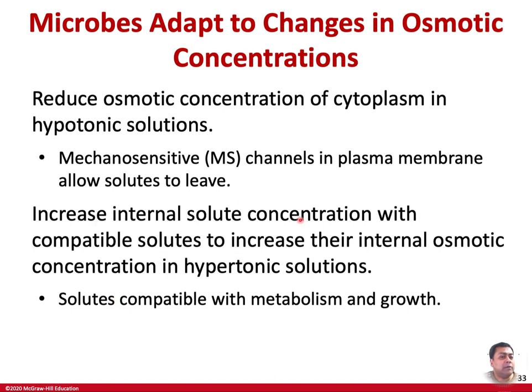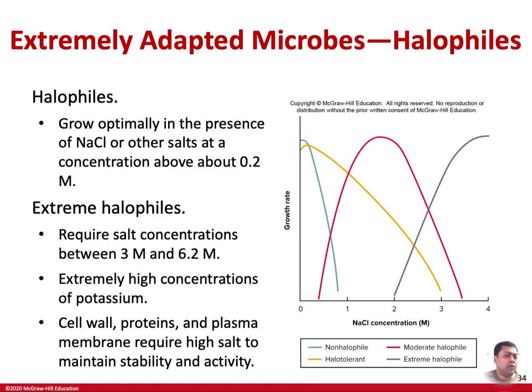They can also increase the internal solute concentration with compatible solutes to raise the internal osmotic concentration in hypertonic solutions. These are all different ways that a bacterial cell placed into a hypotonic or hypertonic solution can adapt to the change in the environment. And these solutes are compatible with metabolism and growth, and that has to happen as well.